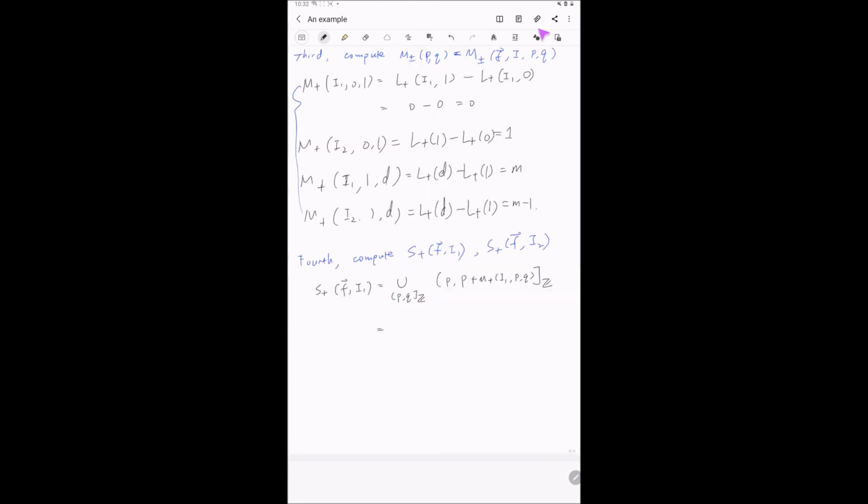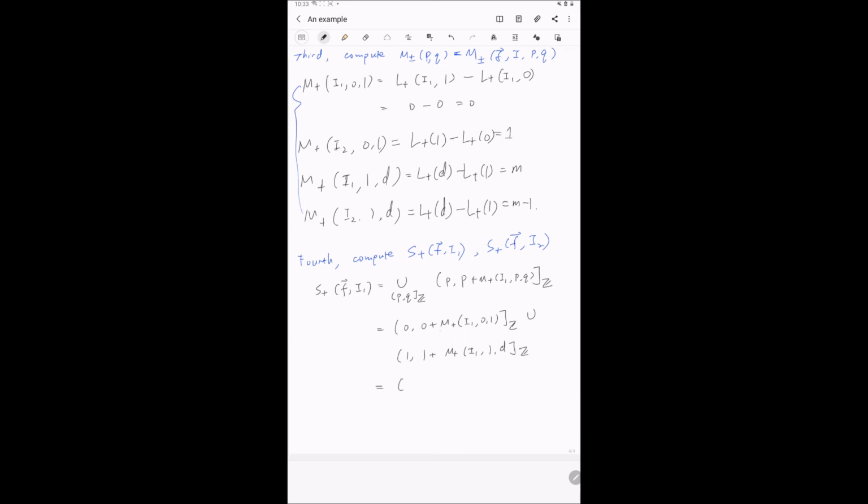So first one is 0 to 0 plus M plus of I1, 0, 1, intersection with Z, union, the second case is 1 to 1 plus M plus of I1, 1, D, intersection with Z.